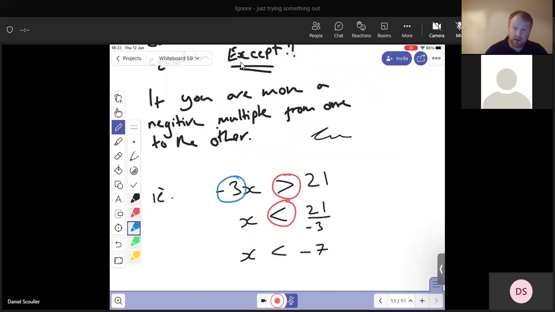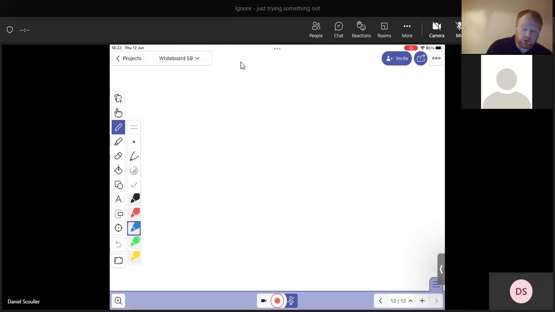So in this case, it's negative 3 times x. We're taking that negative 3 and dividing the other side by it. When we're doing that, we need to flip that symbol. So let's do some examples.